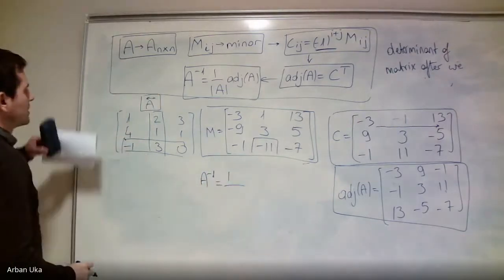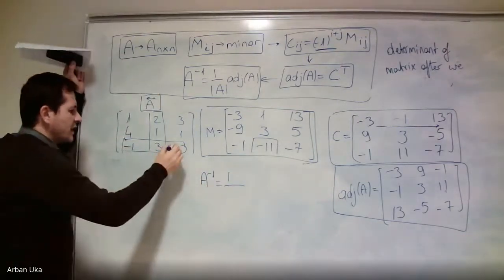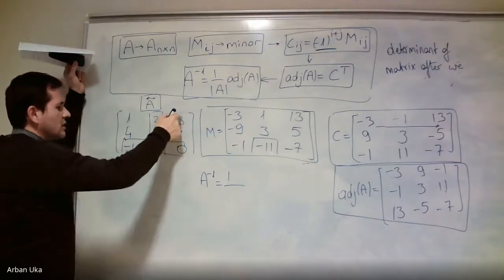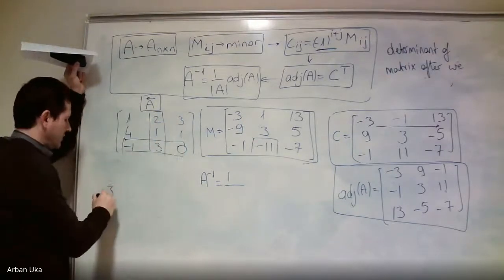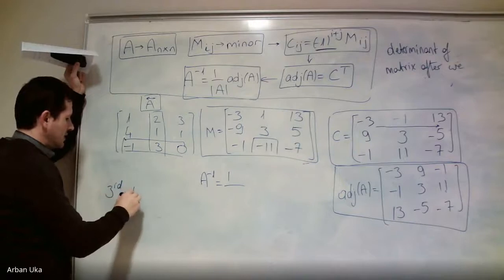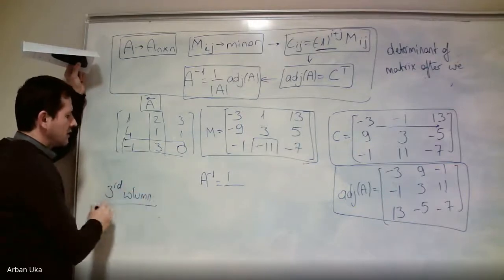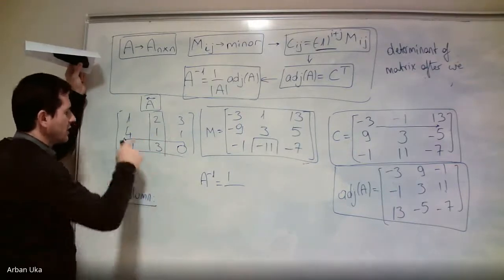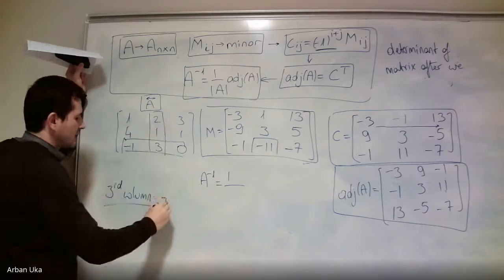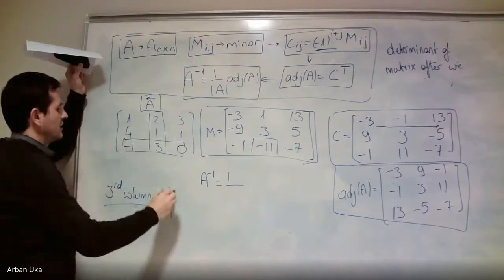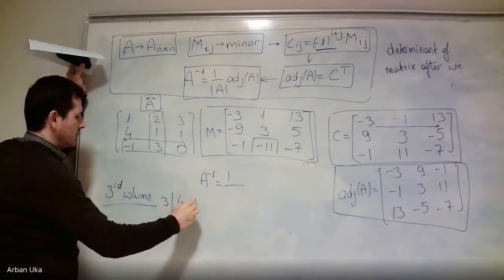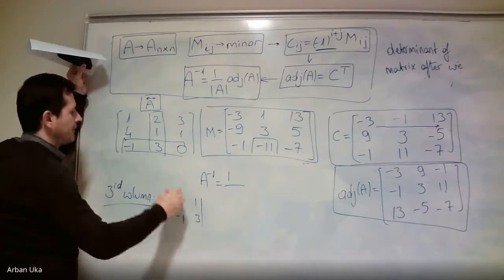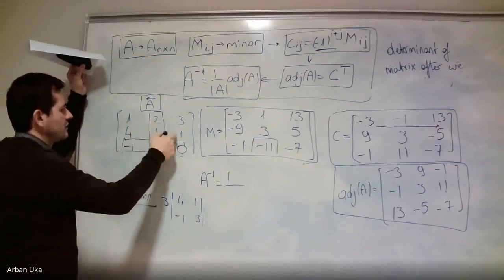So what is the determinant? Let's expand this along the third column to find the determinant. So in this case, we get what? Plus minus plus. This is 3 times 4, 1 minus 1, 3. Plus minus plus minus.